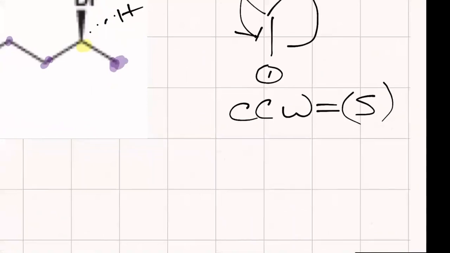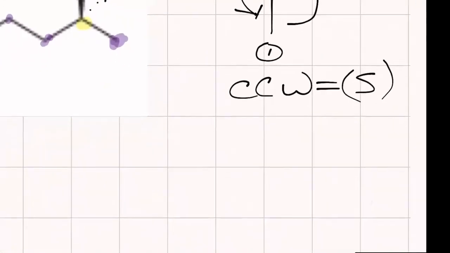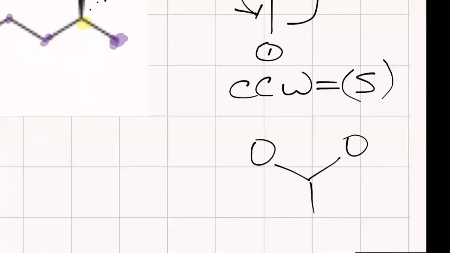Then if I draw the same type of chiral center, and with the numbers, that's priority, right? Yes, that's exactly right. And so here, if I go this way, that's clockwise, and so that's going to be R.